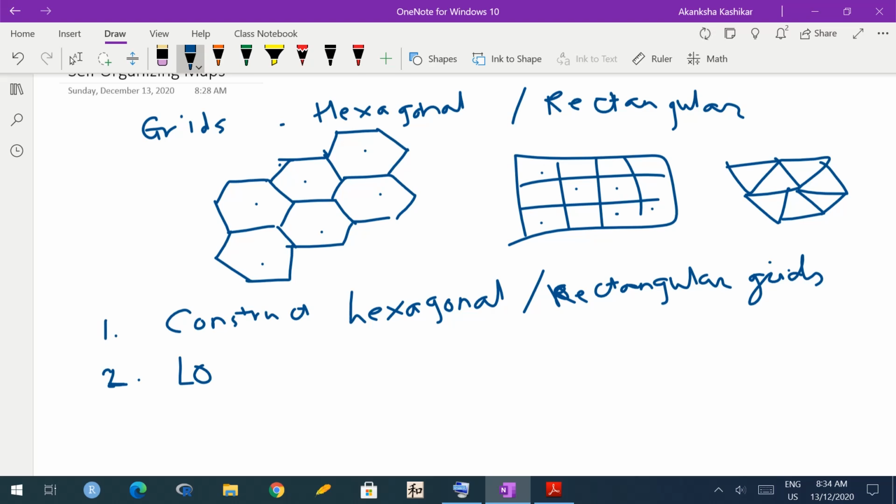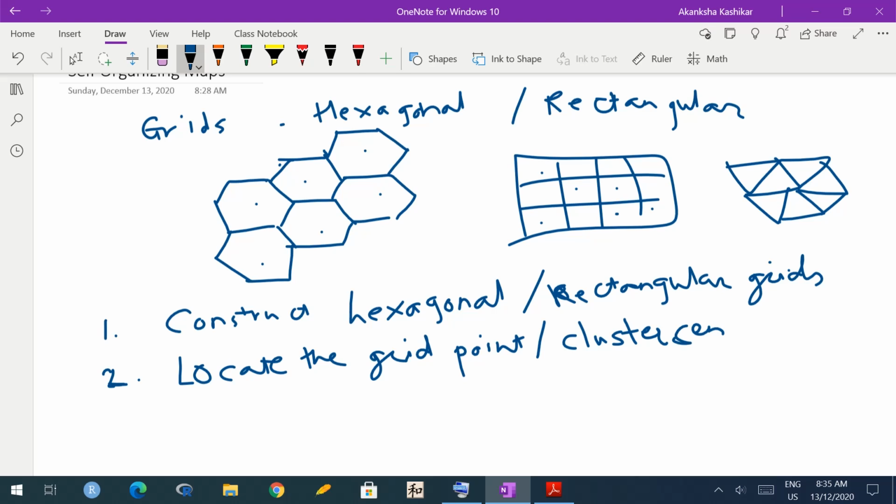Then locate the grid point, which is also known as cluster center. Locate the grid point or cluster center closest to every object or observation.